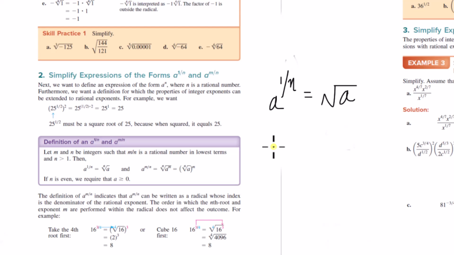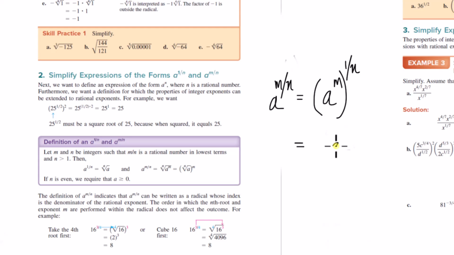Now, what about a to the m over n? This isn't going to be a problem at all, because we can just take a look at those properties again. We know that we can write this in two ways. We can write this as a to the m, to the 1 over n, based on the properties of exponents, or we could do a to the 1 over n, to the m.